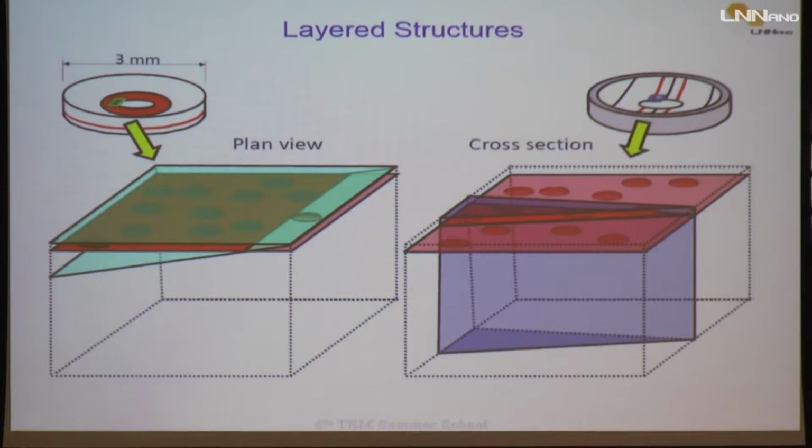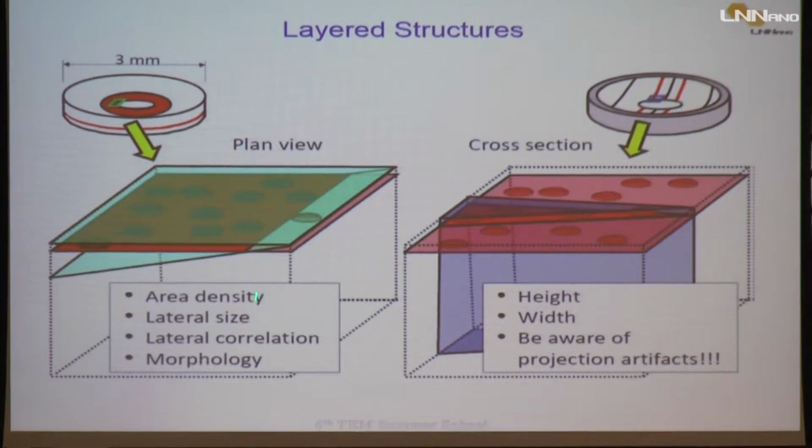What's the difference? By plane view imaging of this material, you have the information on the area density of the quantum dots, okay? Then you can see the amount of the quantum dots that are deposited and related with the area of the material.